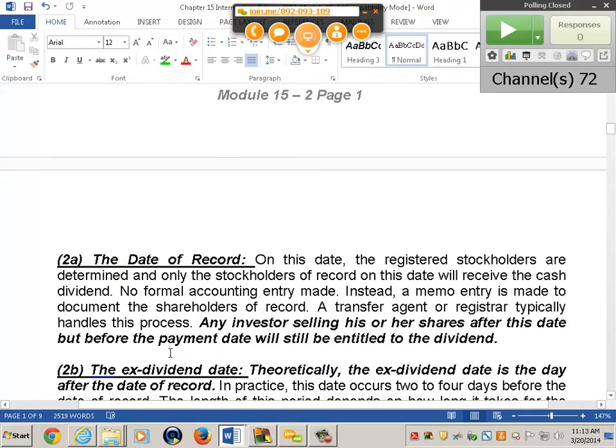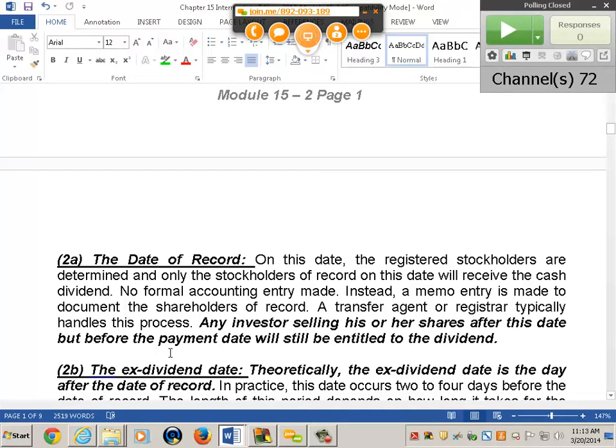So let me make sure we line these up. We have the date of declaration, date of record, which is really effectively the ex-dividend date, and then the date of payment.